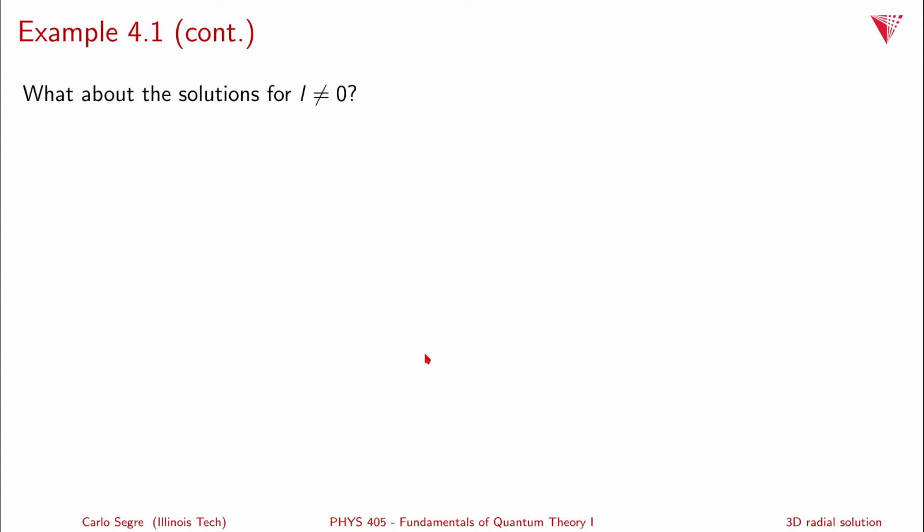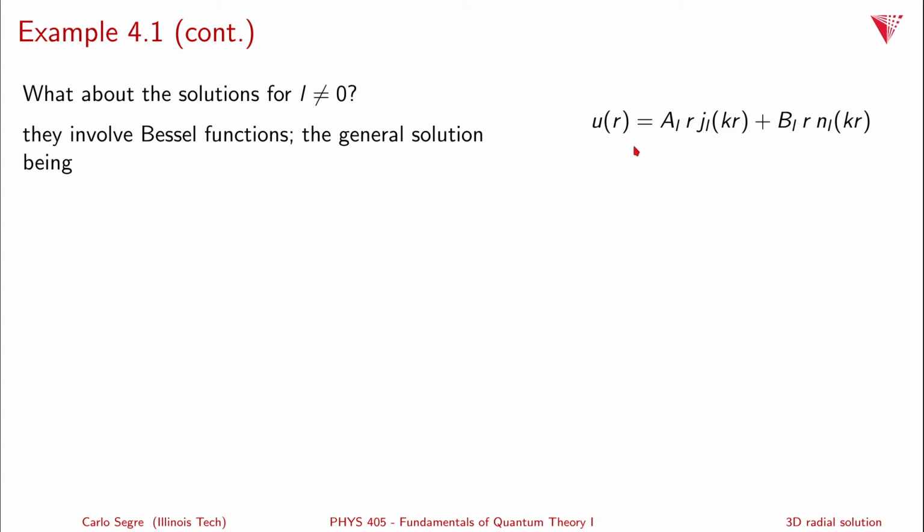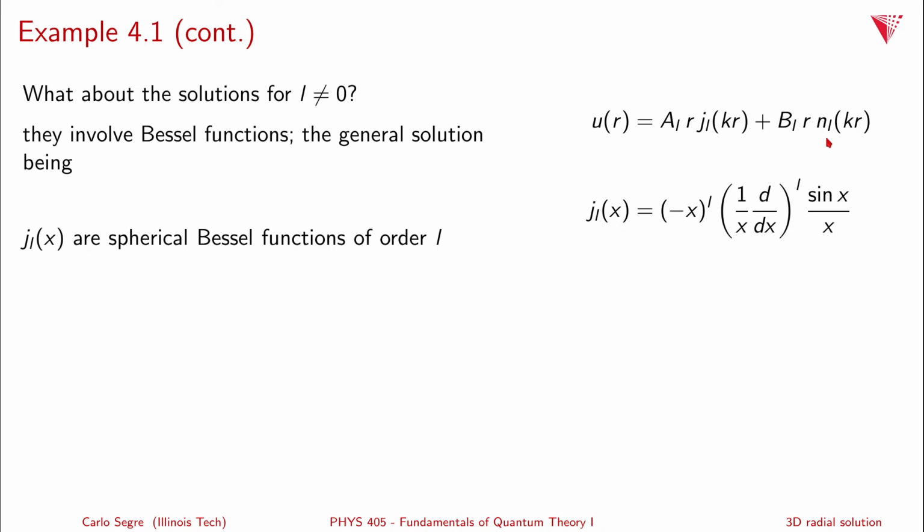What about the solutions for l not equal to 0? Well, they involve Bessel functions, with the general solution being the following. u of r is equal to a coefficient a sub l times r times the Bessel function j sub l of kr, plus b sub l times r times the Neumann function n sub l of kr, where Bessel functions and Neumann functions are defined in the following way.